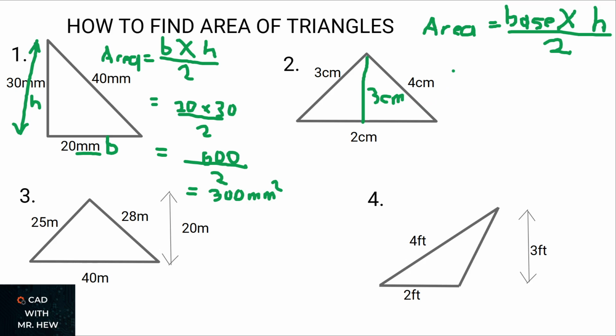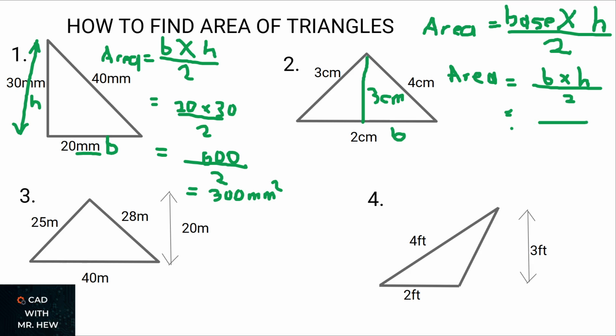Again, the area, we already have a formula at the top, so we can keep it. The base would be 2. This is the base, so B times H, divided by 2.